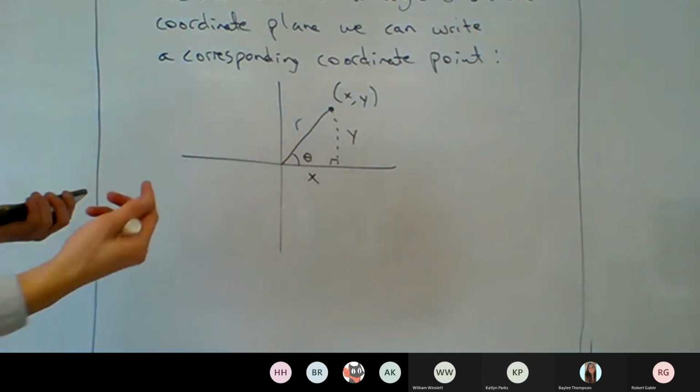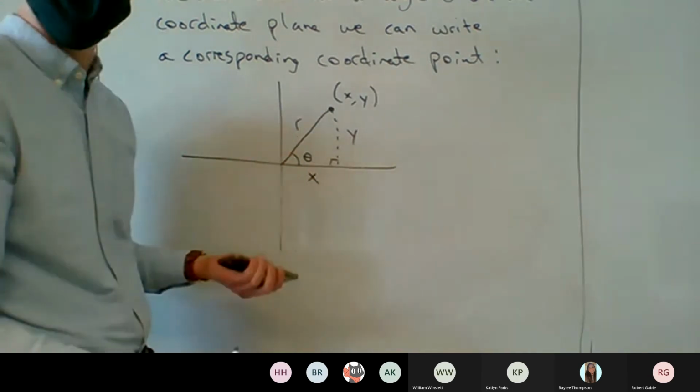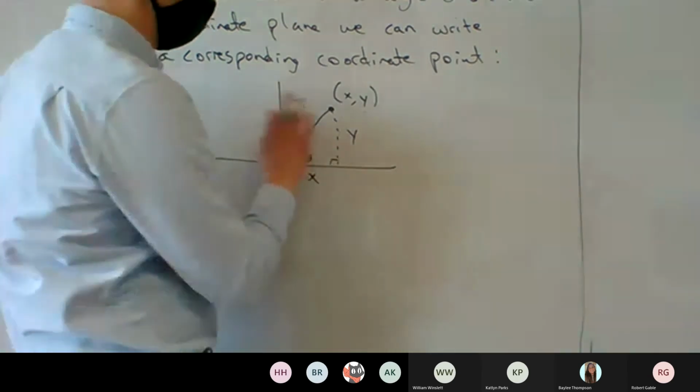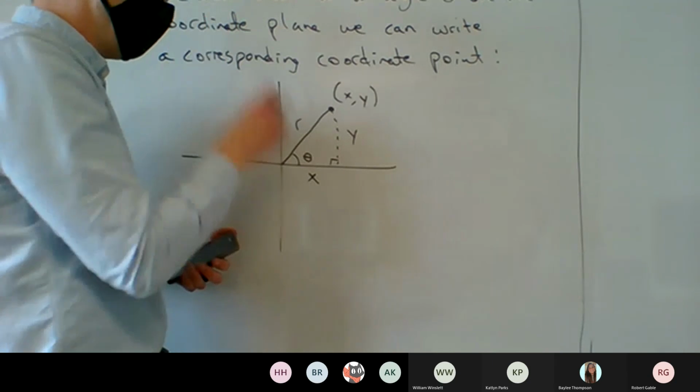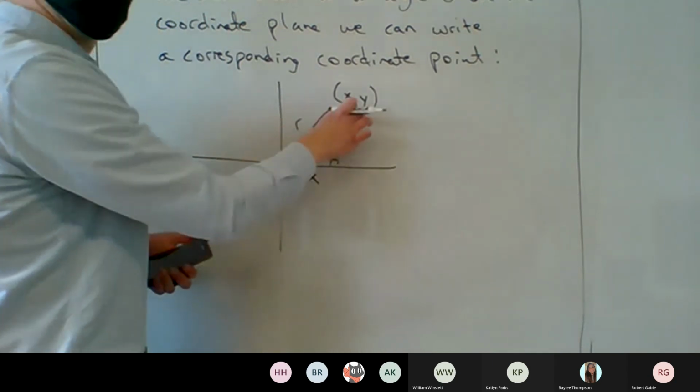So we found this way to get back and forth, and it's really just the right triangle trig stuff again, right?